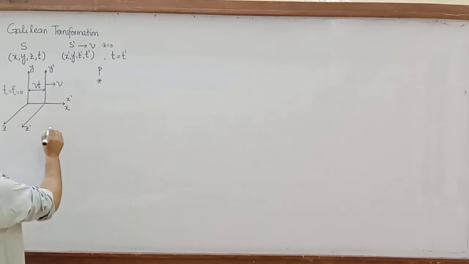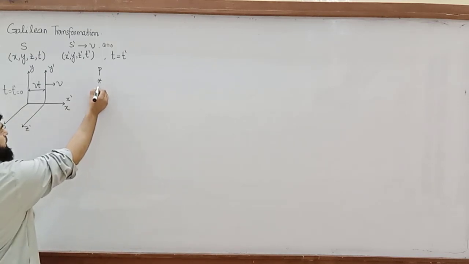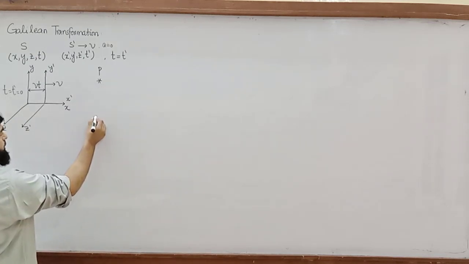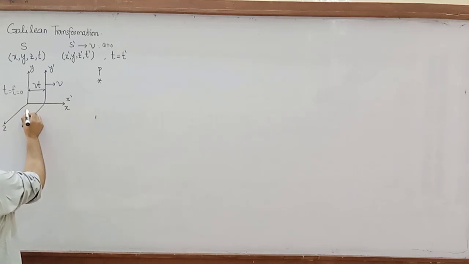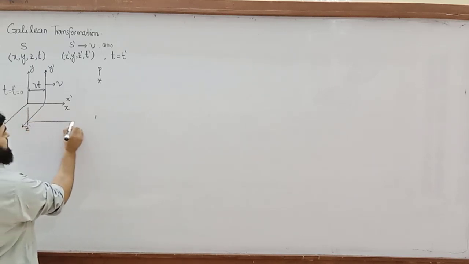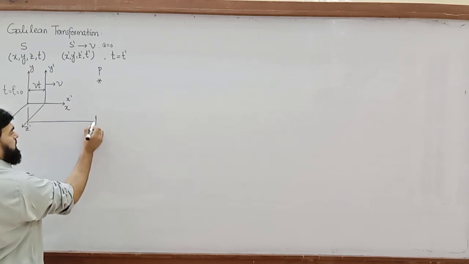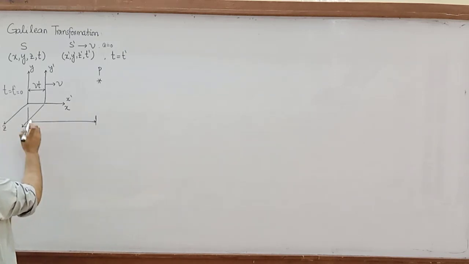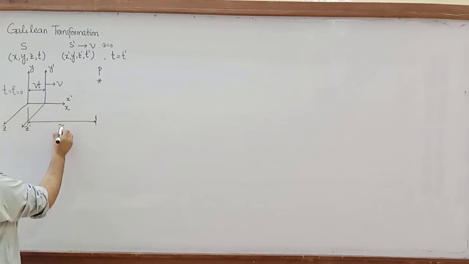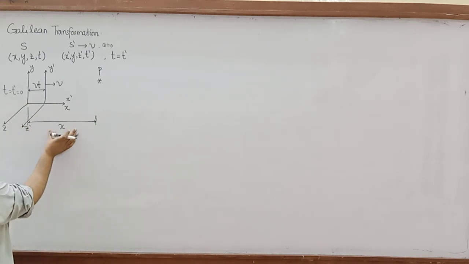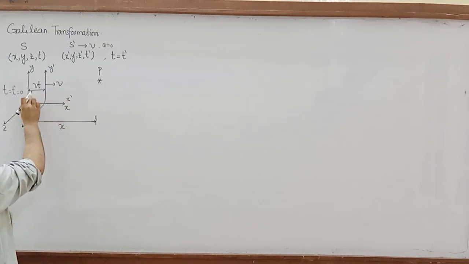For example, they are measuring the distance of the location. So what will this frame measure? The S frame will measure that the location of the event is equal to x, because it is x distance away from this frame.